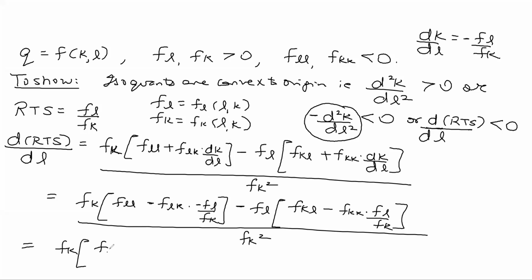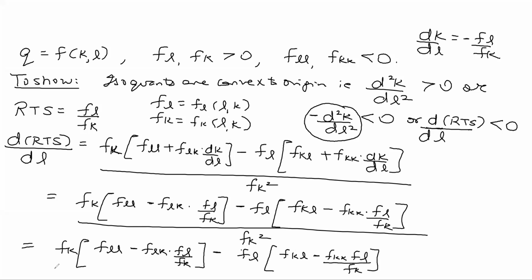So this is FLL minus FLK into FL by FK, minus FL into FKL minus FKK FL by FK, whole divided by FK square.